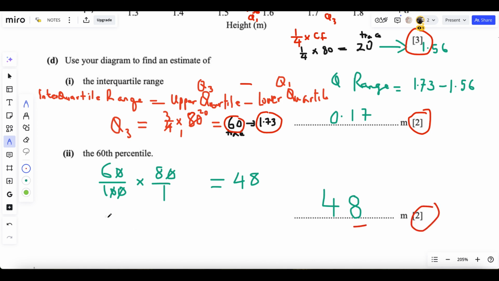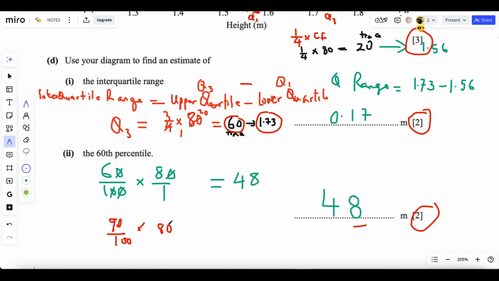If they say 90th percentile, you say 90 over 100 times cumulative frequency, which is 90 over 100 times 80. It's not in every exam paper you see 60th; you may see 95th percentile, and you say 95 over 100 times cumulative frequency. Questions are repeated.